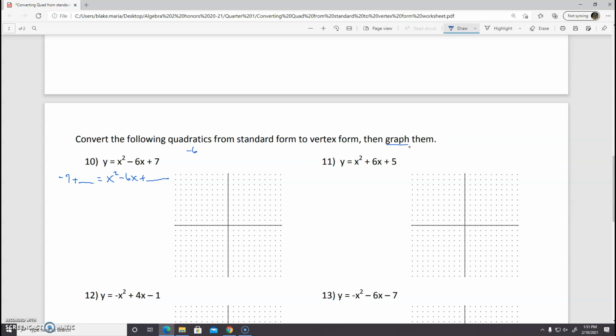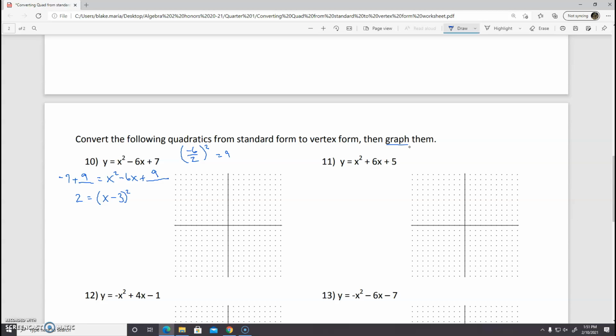Take b, right, -6, divide by 2, and square it. So -6 divided by 2 is -3, squared is 9. So we want to add 9 to both sides. 9 minus 7 leaves me with 2. And the reason we did it was so that would be a nice perfect square, x minus 3 squared.